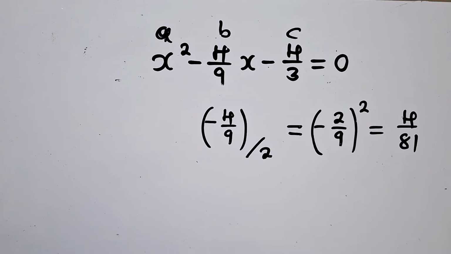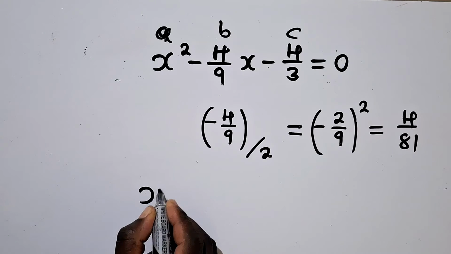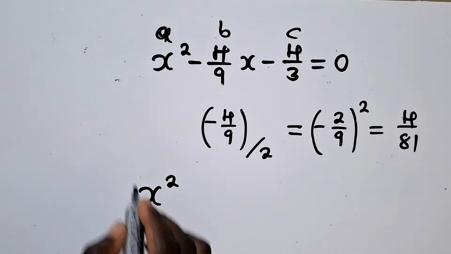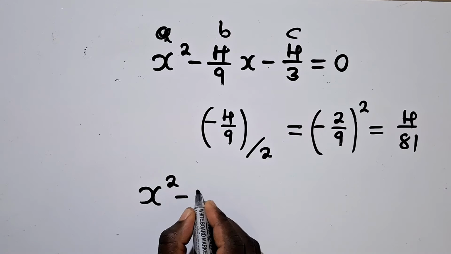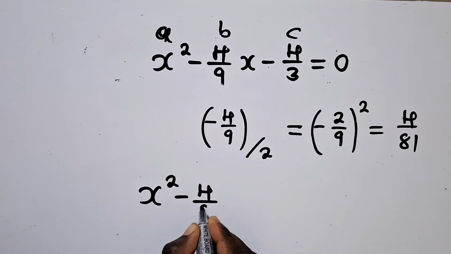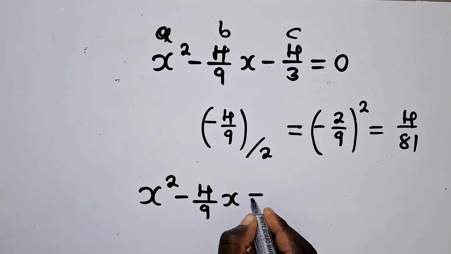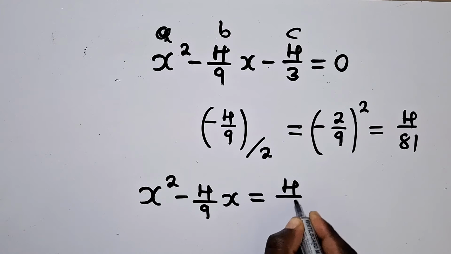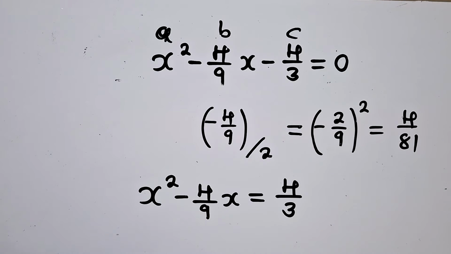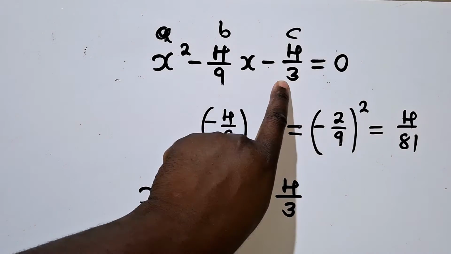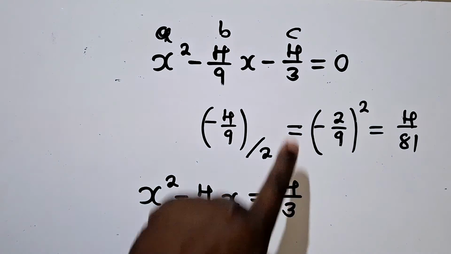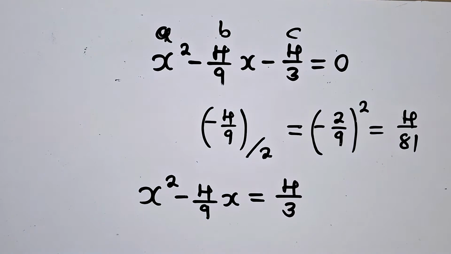So after getting these, you can now say x power 2, which is this term, minus 4 over 9x is equal to 4 over 3. Here we've just moved this 4 over 3 to the other side. It was negative, now it's positive.